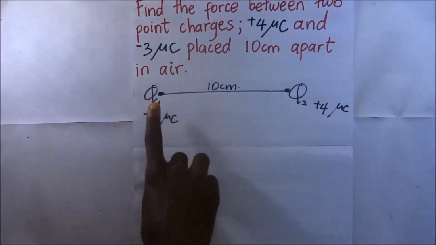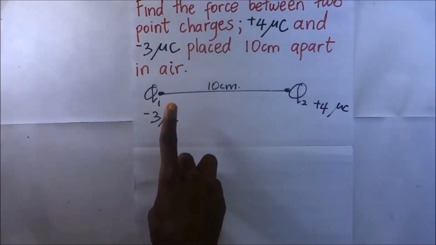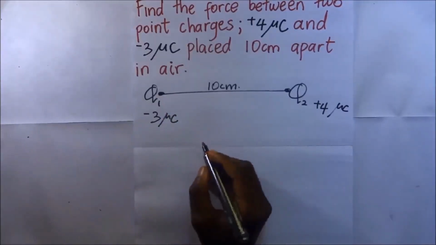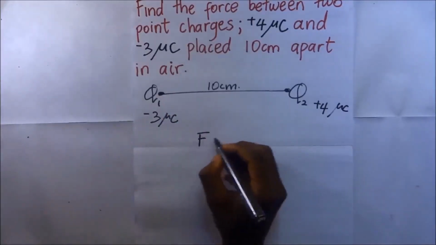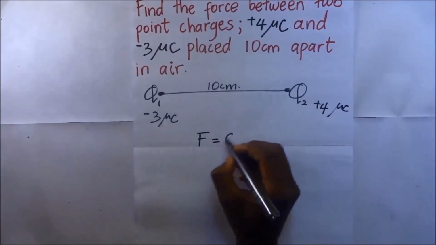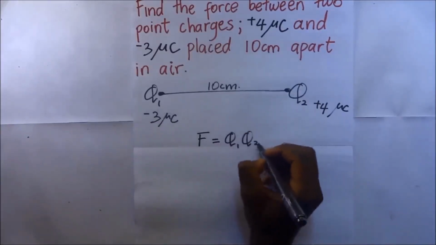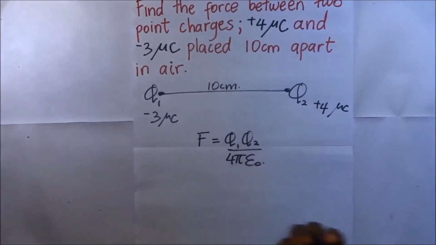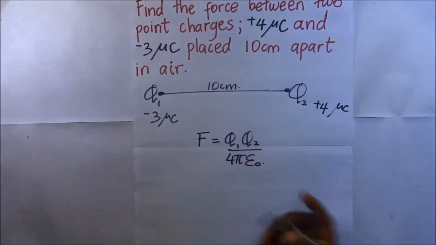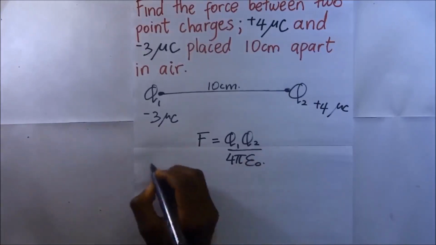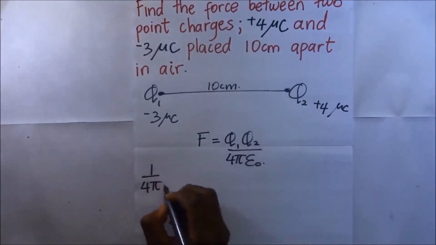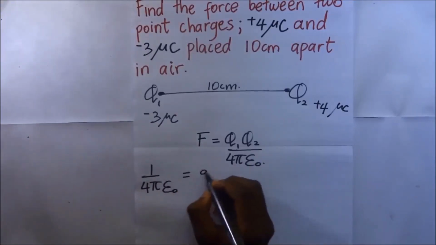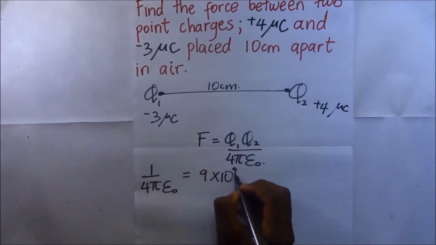So what is the force due to Q1? We know from our previous video that our formula F is going to be equal to Q1 Q2 over 4 pi epsilon naught R squared. Epsilon naught is the permittivity of air, but we know that 1 over 4 pi epsilon naught from experimental observations is equivalent to 9 times 10 to the power 9.